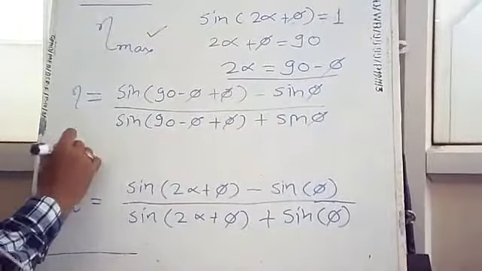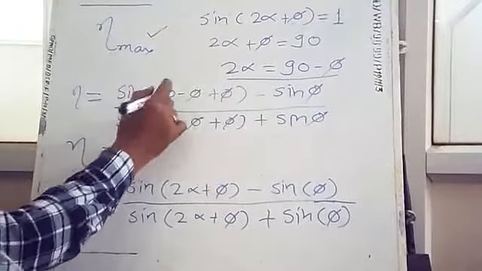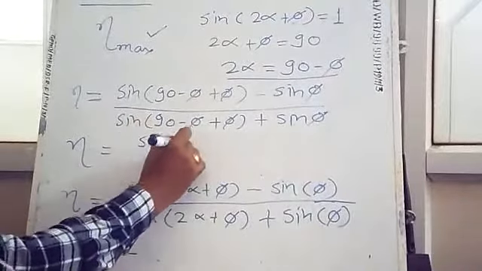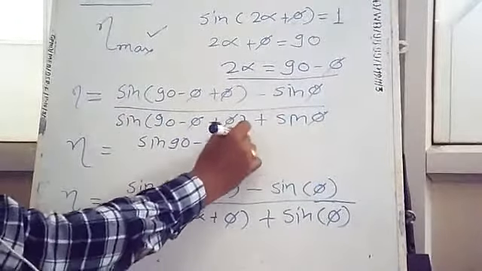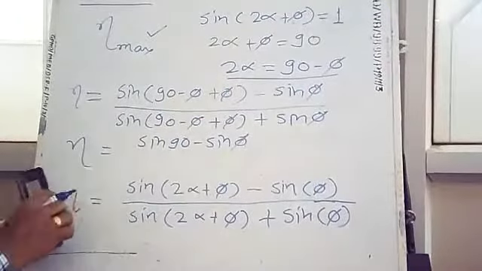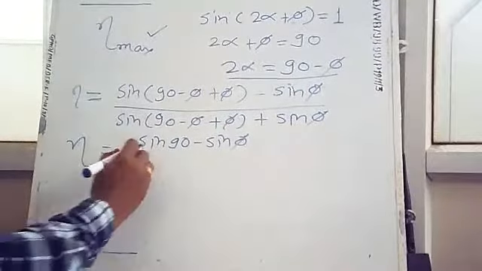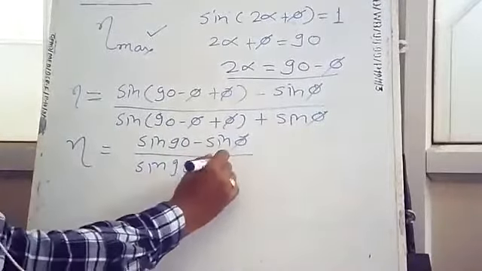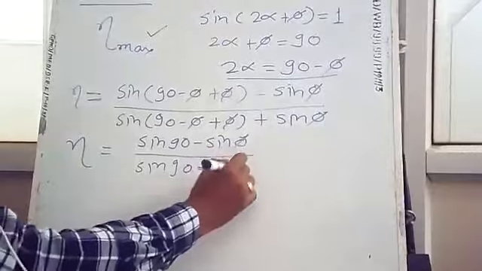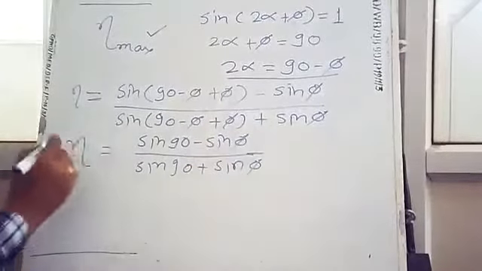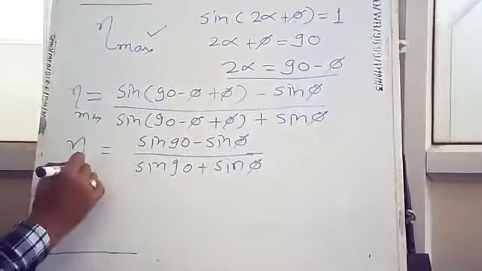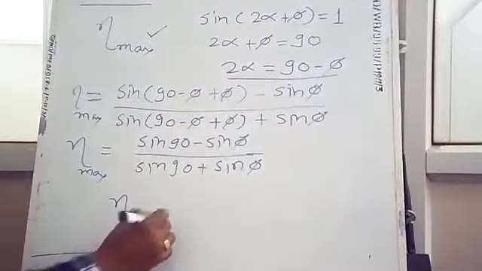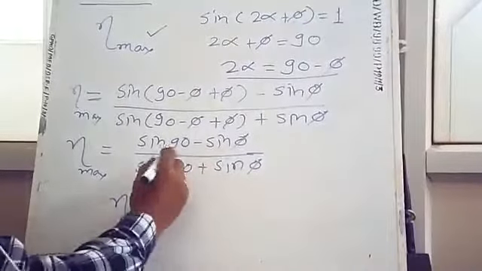So in that, efficiency is equal to, now this phi gets cancelled, sine of 90 minus sine of phi divided by sine of 90 plus sine of phi. So what is sine of 90?